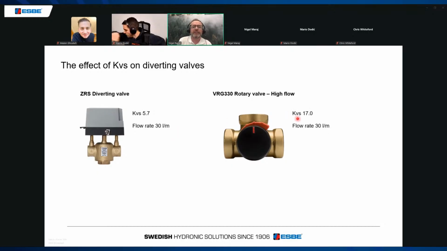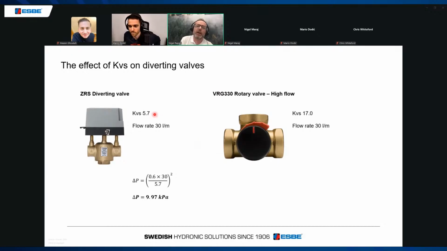So our KVS on our 330 range straight through the valve is 17. At the same flow rate of 30 litres a minute, don't worry about the maths coming up, we're not going to quiz you on this later, that results in a pressure drop through the valve of almost 10 kPa.